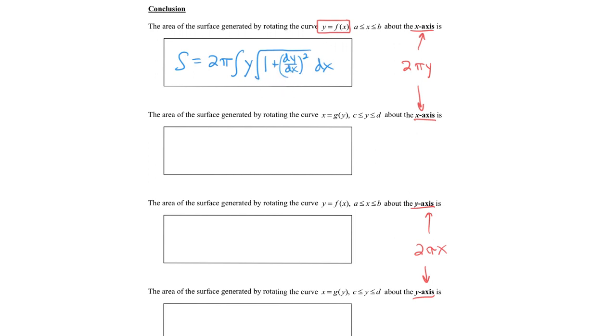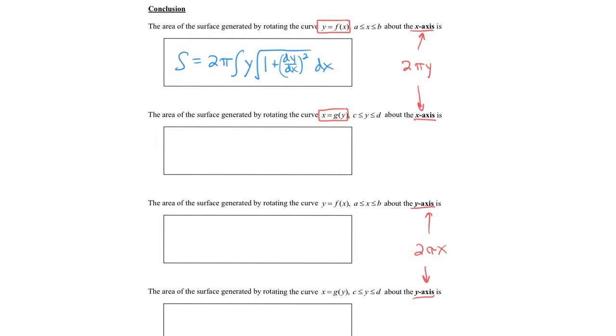Now you can see that when we integrate here, we've got a dx problem, so we're going to have to change this y. But this is how we could set this one up. So y is a function of x, we're rotating about the x-axis, so it's going to be 2 pi y. Okay, so in this next case, we've got x as a function of y.